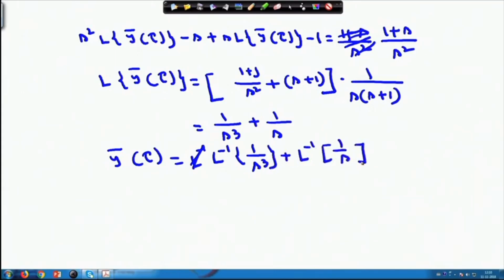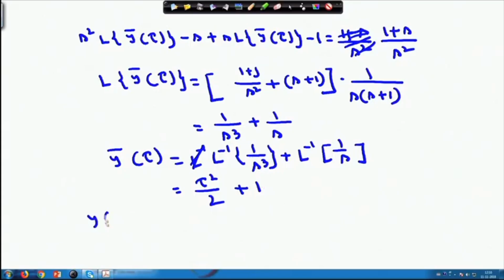Once I get this, y bar tau equals, for 1 by s cube, tau square by 2, plus 1. So y bar tau is tau square by 2 plus 1.